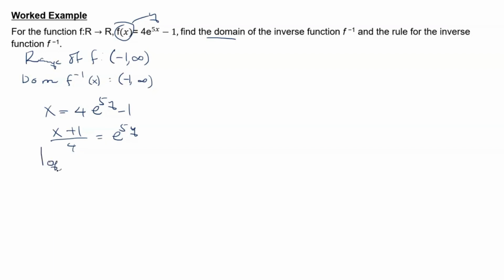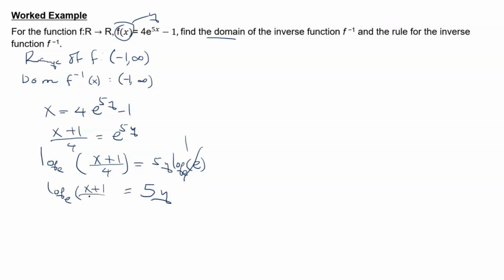So that's basically 1. So we'll end up getting 5y on my right side. Dividing by 5 on both sides gives us 1 over 5 natural log of x plus 1 over 4.